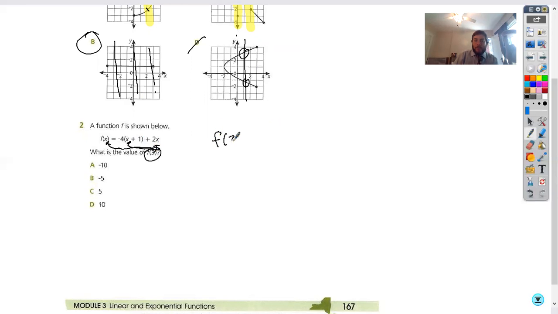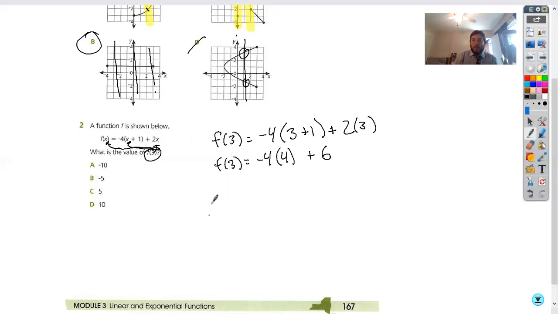So if I write f of 3 equals -4, then parentheses, instead of x, I'm going to write 3 plus 1 plus 2 instead of x again, substitute in 3. So f of 3 equals -4 times 3 plus 1, which is 4, plus 2 times 3, which is 6.